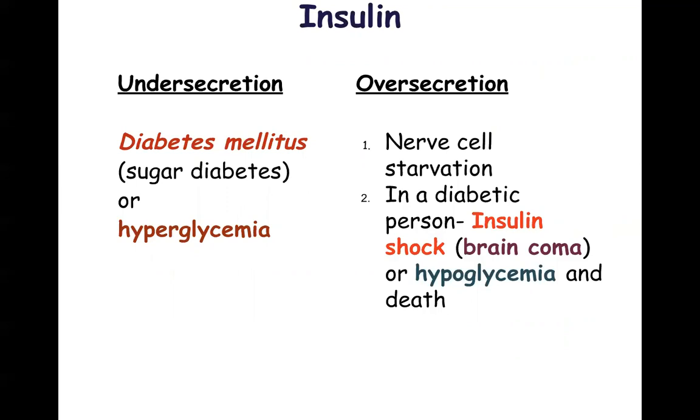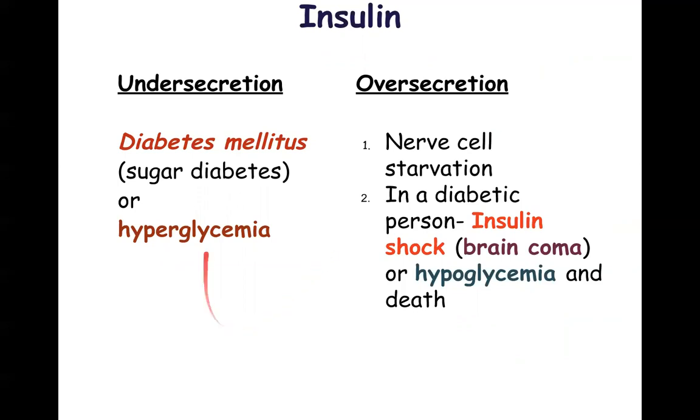When insulin is released, the body will use up glucose, respiratory rate will increase, and extra glucose will be stored in two places, either in the liver or in the skeletal muscles. In both these places, the glucose is converted into glycogen and stored.